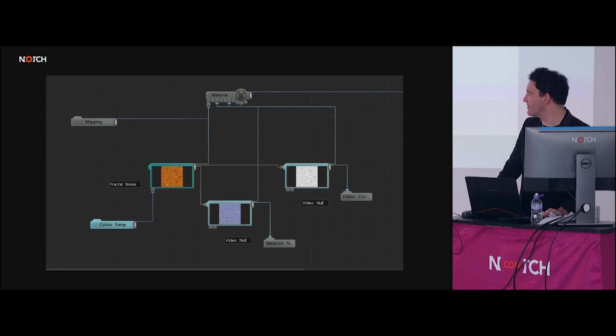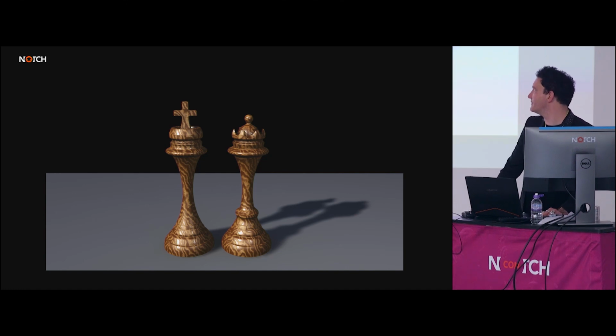So the texture is also generated, fractal noise with a color ramp, and then a normal map is generated from that. So you've got a normal map that matches the texture. And they're both applied to the material node. And that gives you this kind of generated shape.